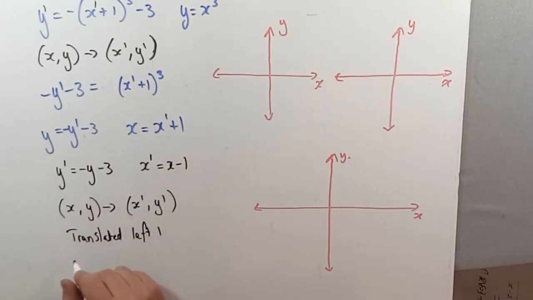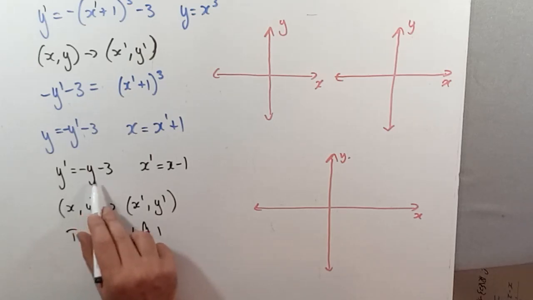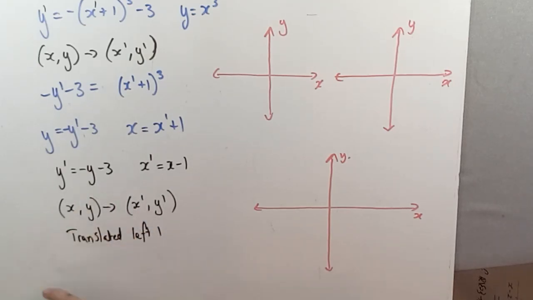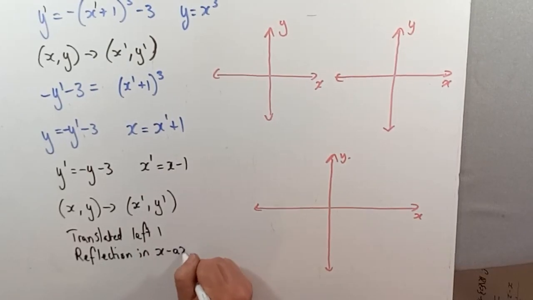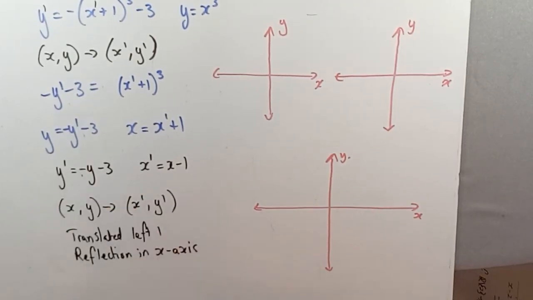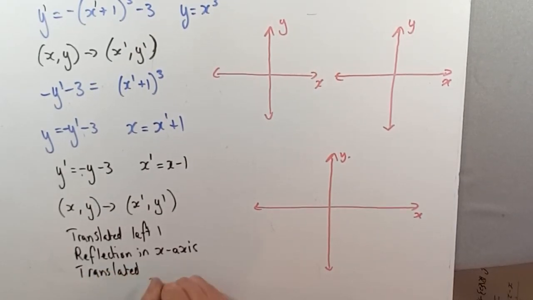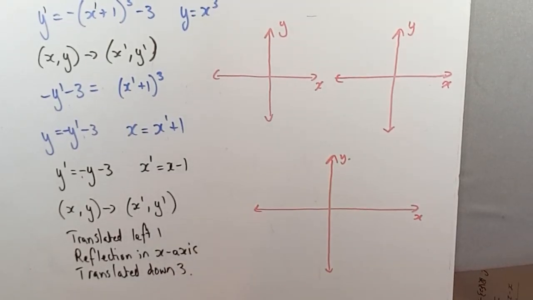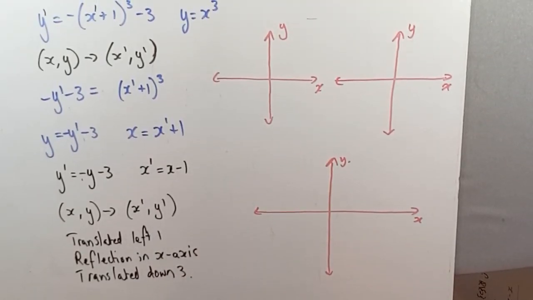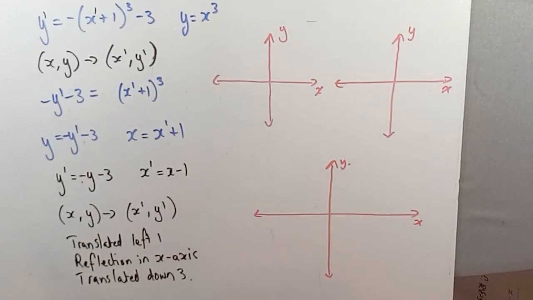What else have I got here? I've got a reflection in the x-axis. That's this negative here, and then translated down 3.